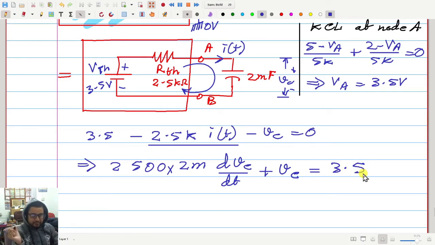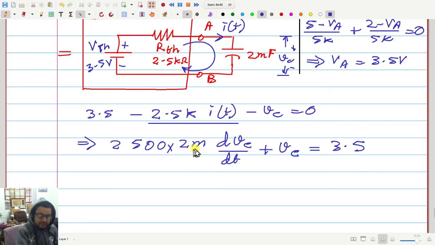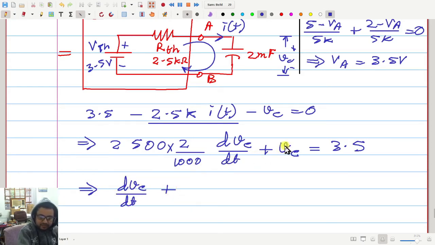Am I correct? Everyone following this? Okay, then this becomes dVc by dt plus Vc, after dividing by this quantity, divided by 5, equal to 3.5 divided by 5.